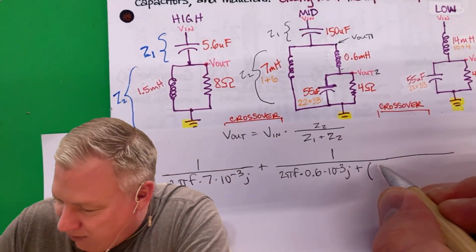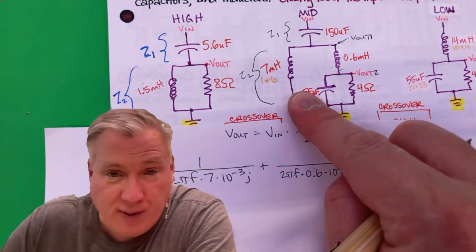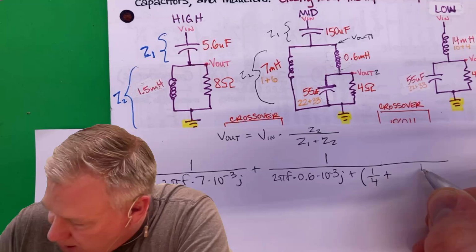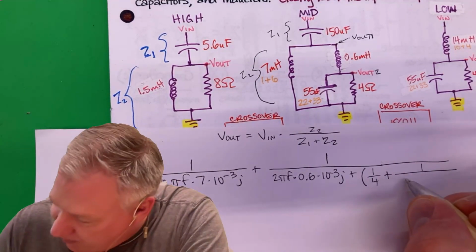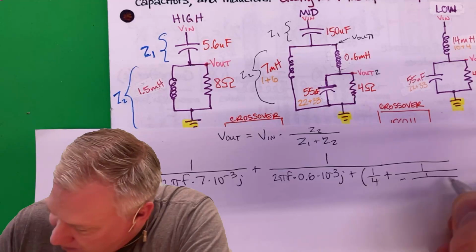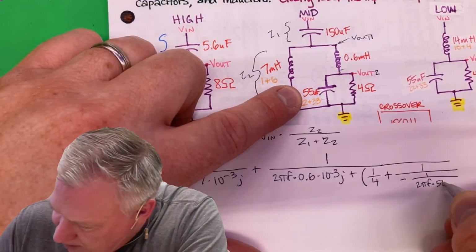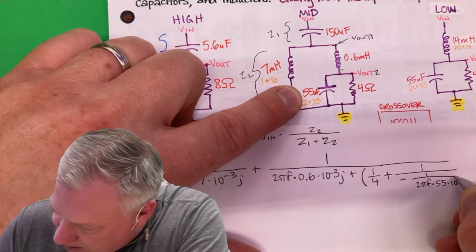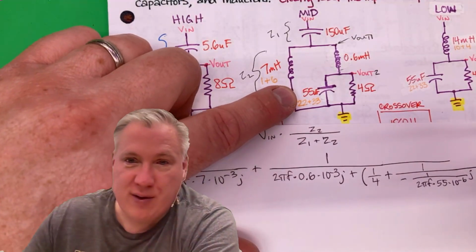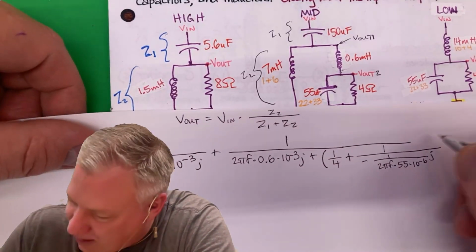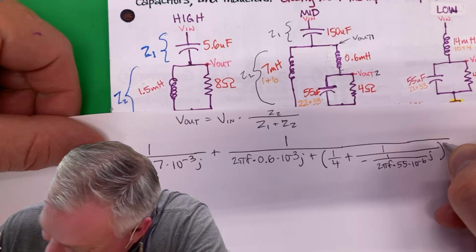So I got to go 1 over one of them. I'm going to go 1 over the speaker, 1 over 4, plus 1 over that capacitor. So 1 over, and the formula for a capacitor is a fraction, so I have a fraction down here, 1 over 2 pi f times the capacitance, which is 55, times 10 to the negative 6, j, make sure that fraction goes far enough. Oh, this fraction I underestimated, to the negative 1 power.